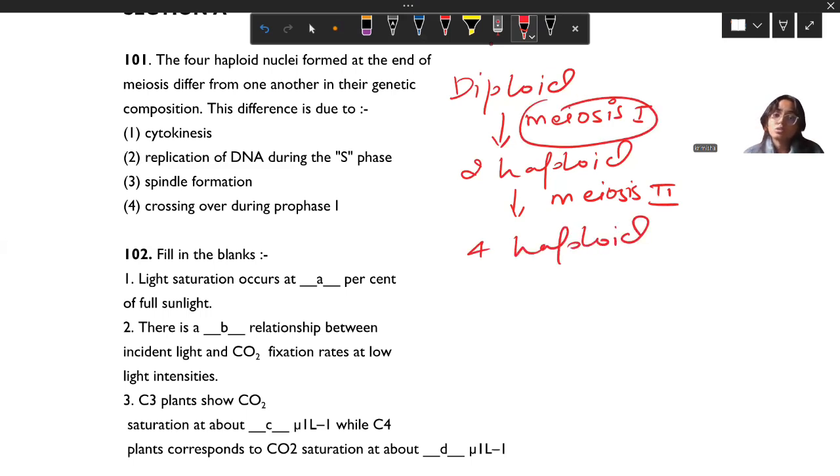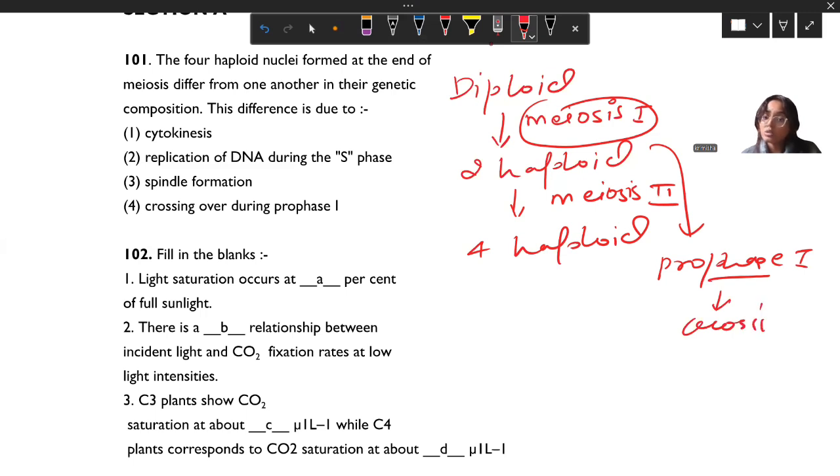Now, during prophase 1 of meiosis 1, there is something known as crossing over. What is crossing over? Crossing over is the exchange of genetic material between two chromosomes, one paternal, one maternal. Because of this exchange of genetic material between two homologous chromosomes, genetic variability arises in the cells formed after telophase 1 of meiosis 1.